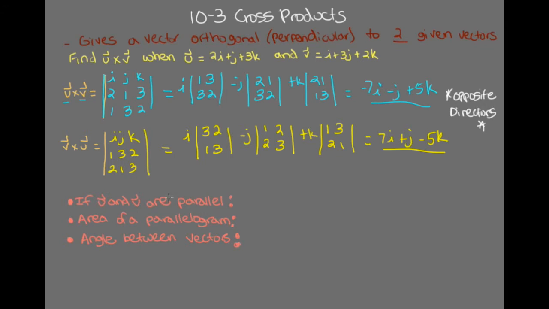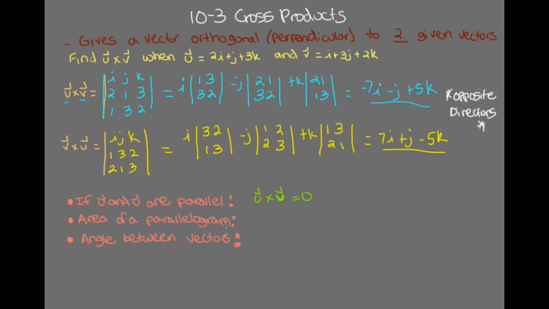Okay, so now looking at a couple of properties of the cross product, of what we can use the cross product for. If vector u and vector v are parallel, the cross product of u and v is going to be equal to 0.